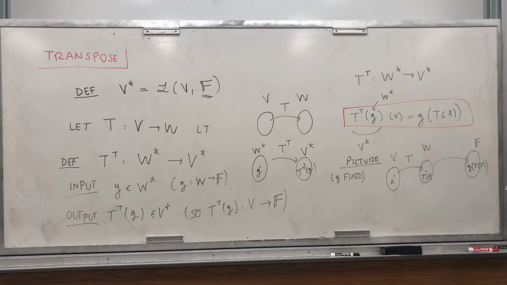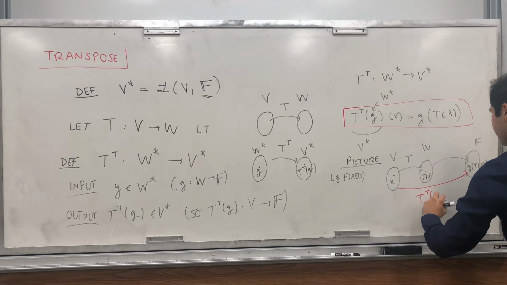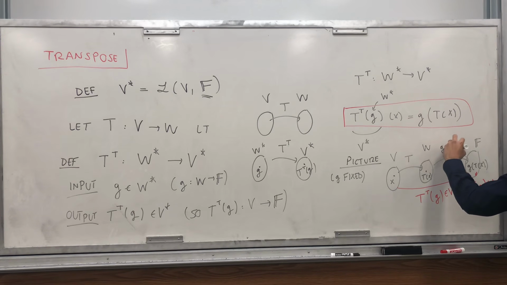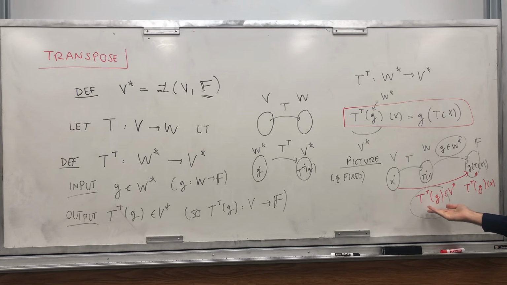On the other hand, T transpose of G is like a direct flight. It takes x and directly gives you G of T of x. And that's T transpose of G of x. So you see, T transpose of G takes a linear transformation G in W star as its input and spits out another linear transformation.